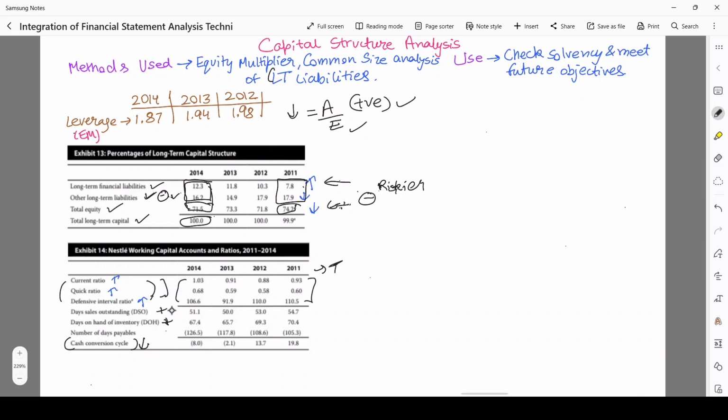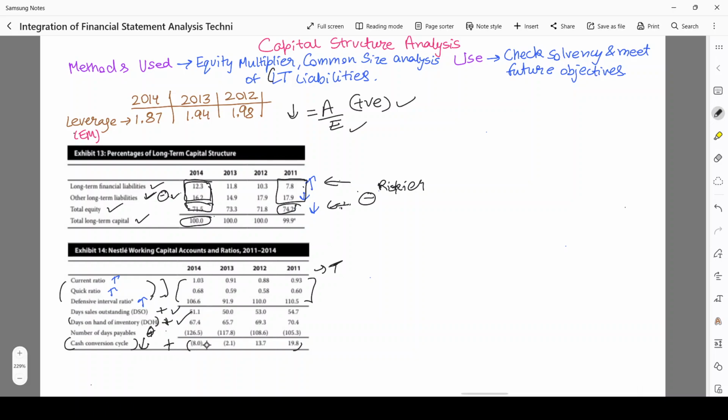Days sales outstanding has decreased, which is a slight positive. Days of inventory on hand has also slightly decreased, which is also a positive. And the company has been taking a longer time to pay the payables. So this all leads to a decrease in cash conversion cycle, which is a positive.